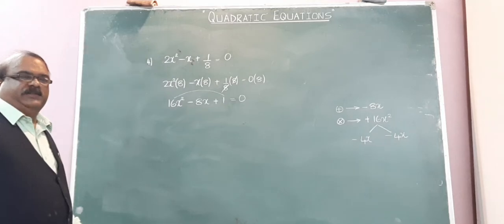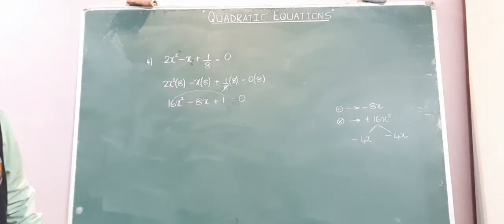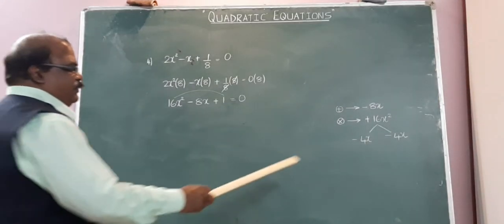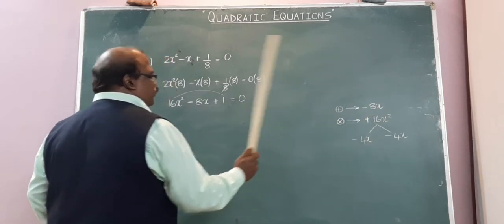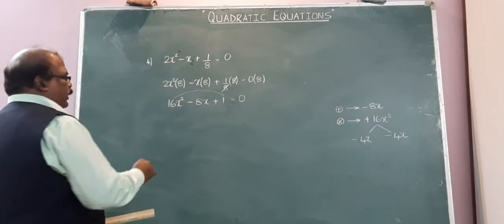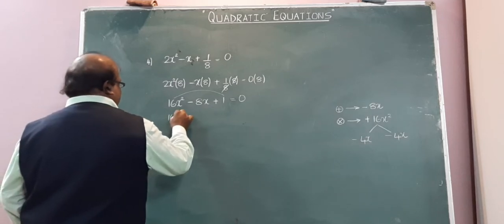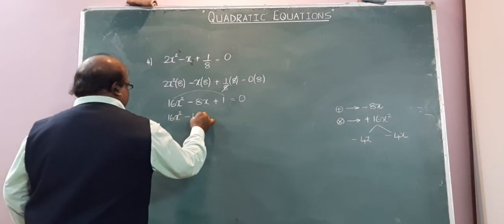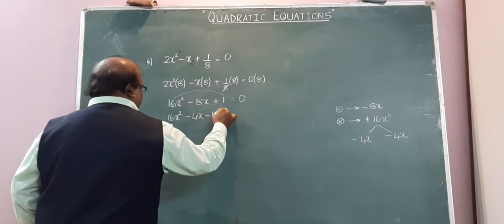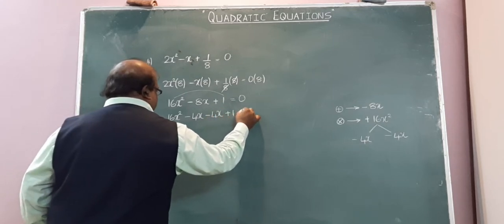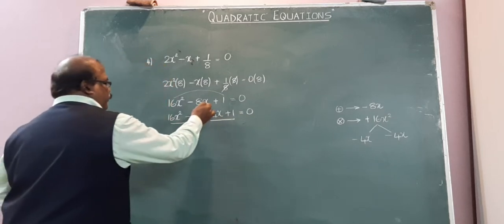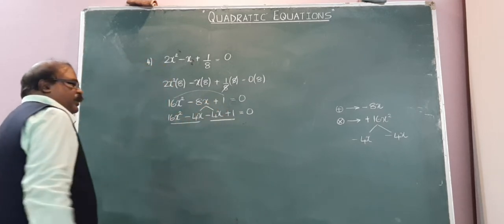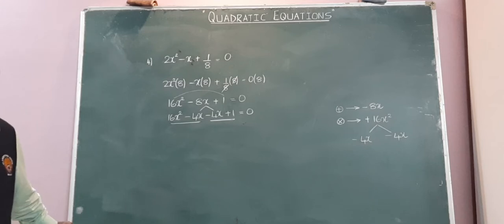So minus 4x and minus 4x on adding gives you minus 8x. Minus into minus plus, 4 4s are 16x into x squared. So you get 16x squared minus 4x minus 4x plus 1 is equal to 0. Check. These two terms on adding give you minus 8x.